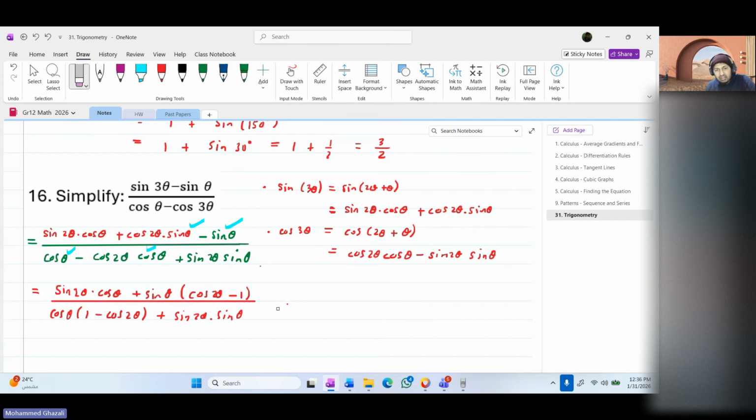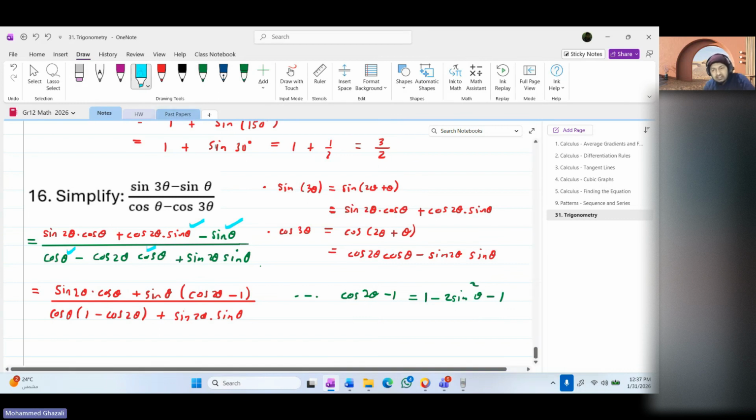Now, I want to know what cos 2 theta minus 1 is. I'm going to change cos 2 theta in terms of a form where the minus 1 can cancel out. So cos 2 theta will be 1 minus 2 sine squared theta, minus 1.